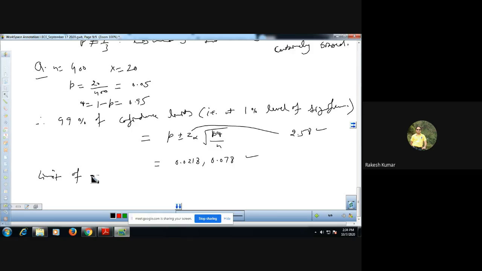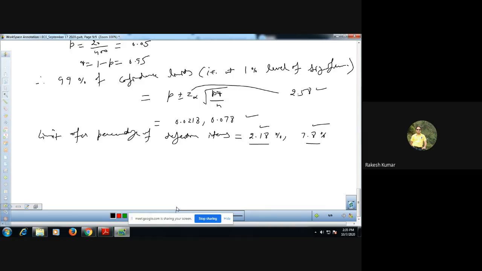So you will get 2.18%, and the second will be 7.8%. Obviously this is the smaller value and this is the bigger, so this is the lower limit and this is the upper limit. So we can find the confidence limits.